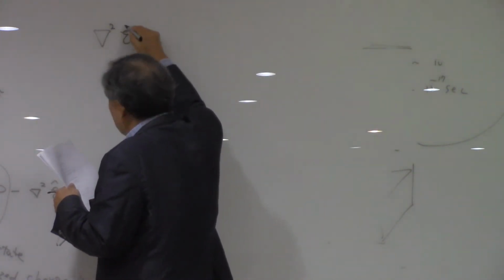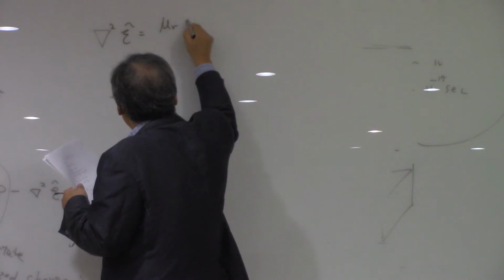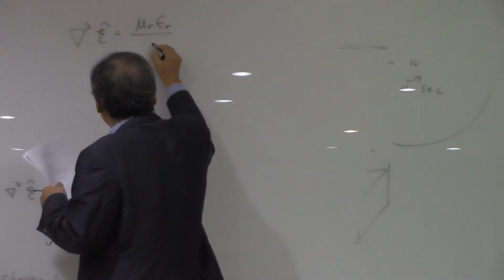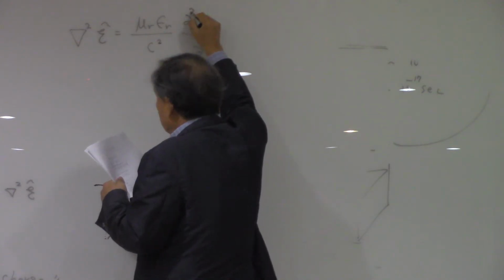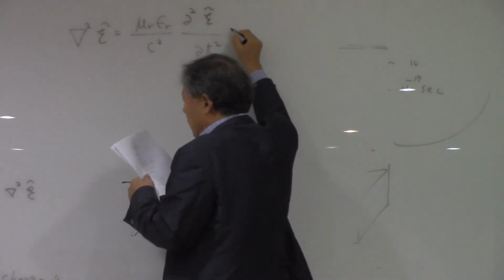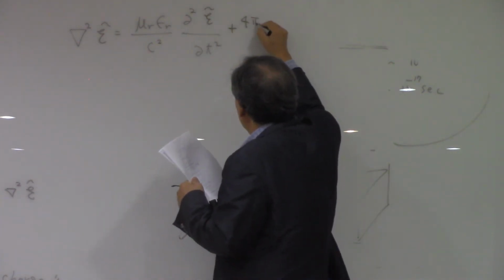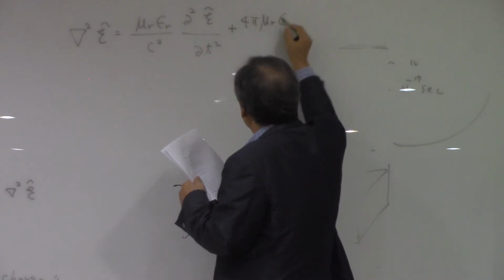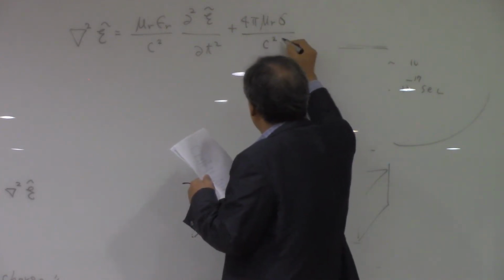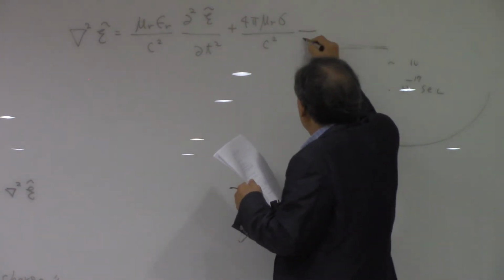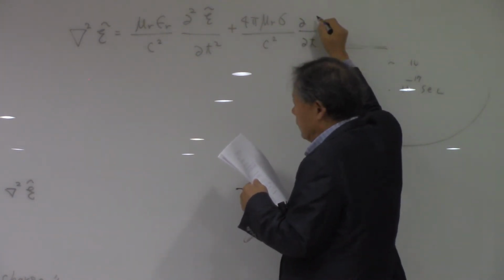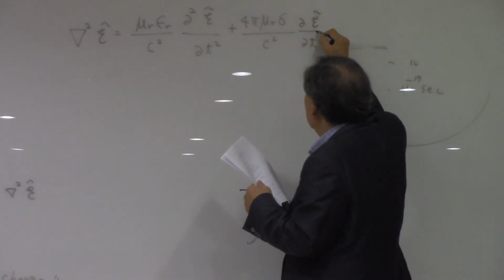Square electric field, mu r, dielectric constant, c square, round t square, round square electric field, plus 4 pi mu r sigma over c square. That is the light velocity in a vacuum, round t, round this electric field.